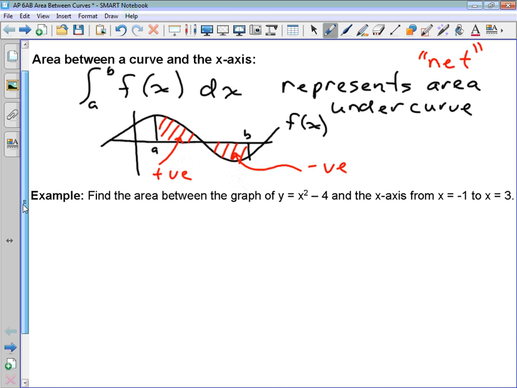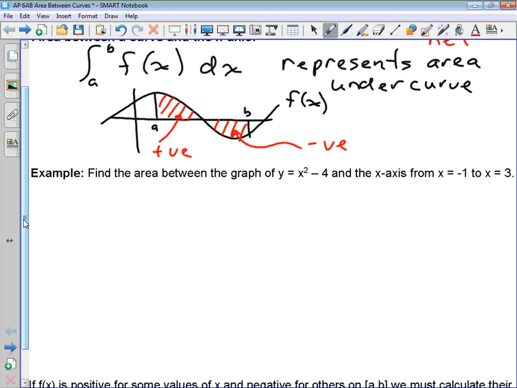So for example, let's say we wanted to find the area between the graph of y equals x squared minus 4 and the x-axis, between these two points, x equals -1 and x equals 3. If we sketch this, our graph is a parabola going like this.